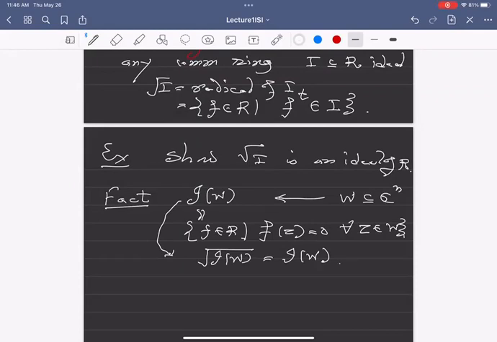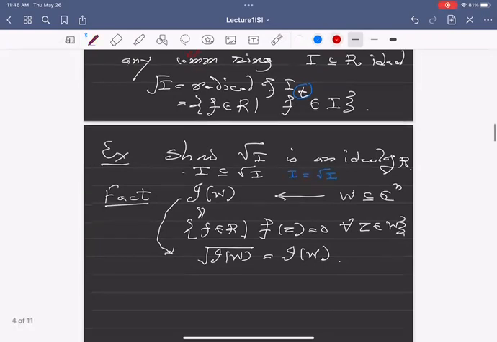Now, I is clearly contained in the radical of I because I can just take t equal to 1. If I take f in I and take t equal to 1, then it shows that I is contained in the radical of I. But in general, the radical of I can be bigger than the given ideal. And if I equals the radical of I, then we say that it's a radical ideal. So the ideal of a subset of Cn is a radical ideal.